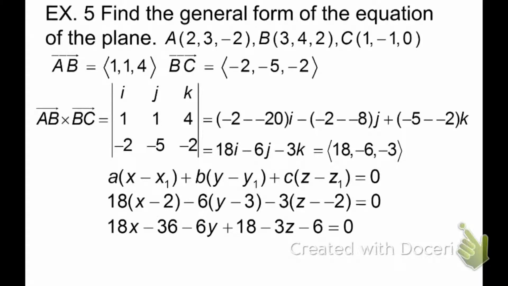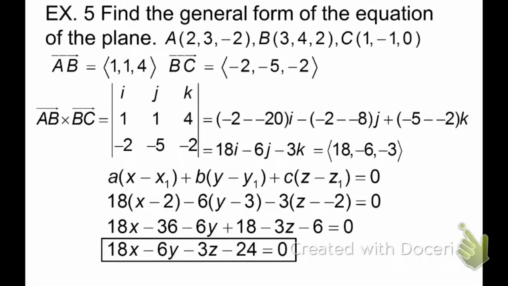So that's going to be 18x minus 36 minus 6y plus 18 minus 3z minus 6. When I collect like terms, 18x minus 6y minus 3z minus 24 equals 0 is the general form of the equation of the plane.